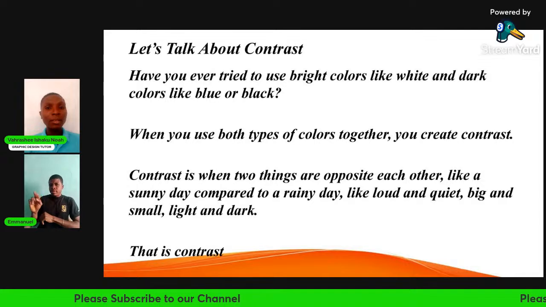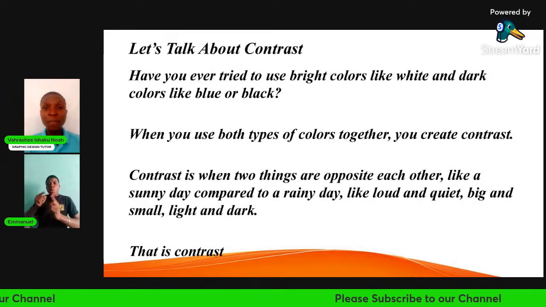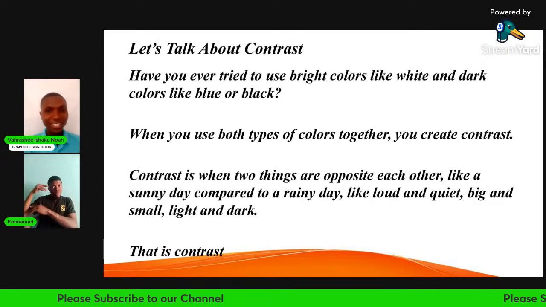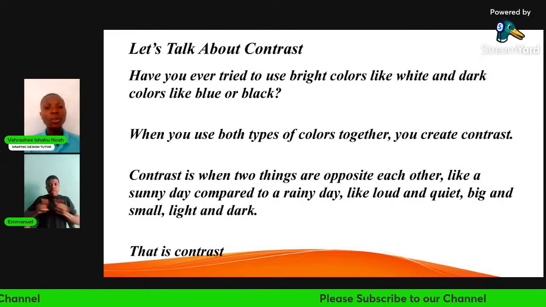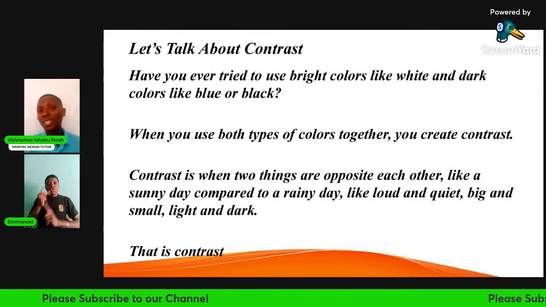Like, for example, a sunny day and a rainy day, they are contrast. Loud and quiet are contrast. Big and small are contrast. Light and dark, all these are contrast. So you understand that when things are opposite each other, that is a contrast, right?